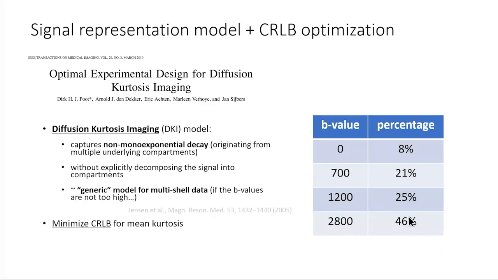The SNR is lower, but also the angular frequencies increase, and the information content or the relevant contrast is there. So it makes sense that if we move to higher B values, we acquire more directions.